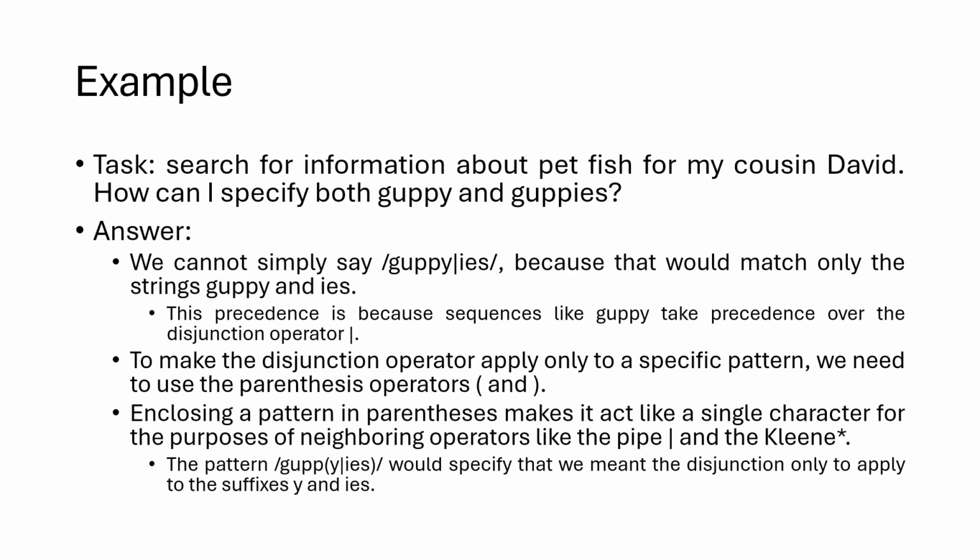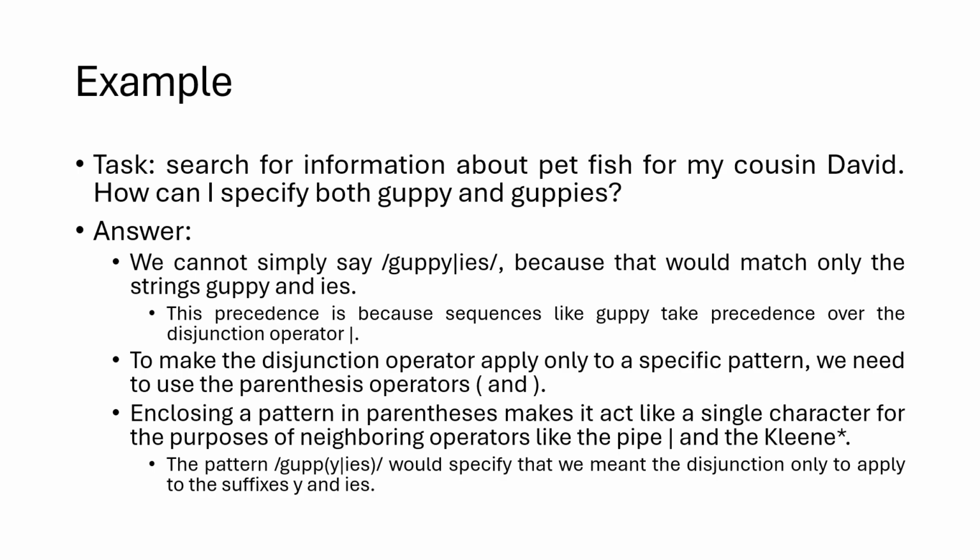In the next example, we are going to consider searching for information about pet fish for a person named David. We'll see how to specify both guppy and guppies. Here we cannot simply write guppy, pipe symbol, ies, because it would match only the strings guppy and ies.